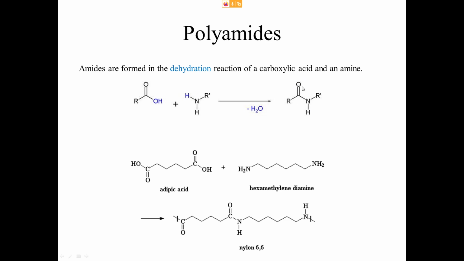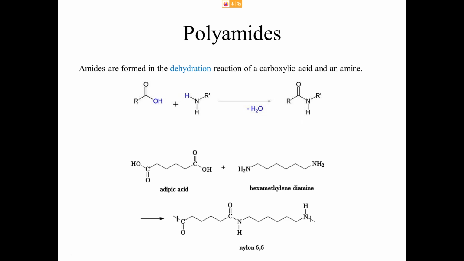In this case, this one would be what kind of amide? Primary, secondary, or tertiary? Tertiary? Are there 3 non-hydrogen things on the nitrogen? Secondary, because there are two non-hydrogen things on the nitrogen. Exactly, one hydrogen left.